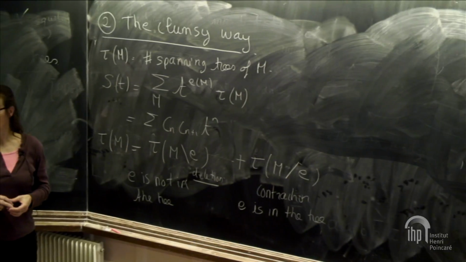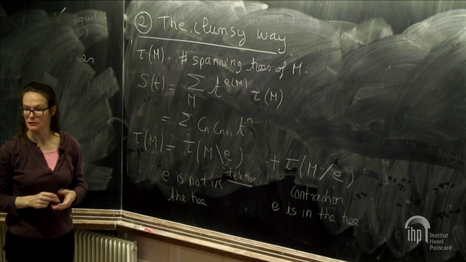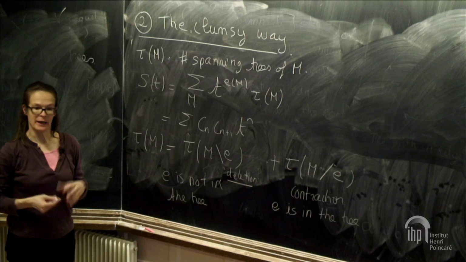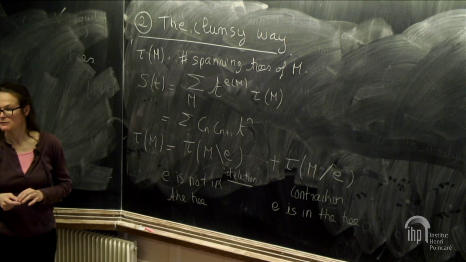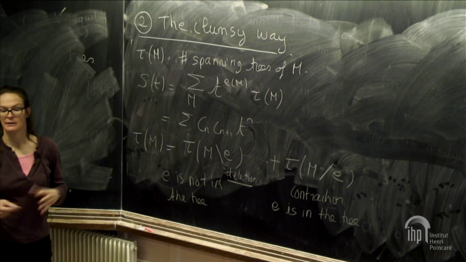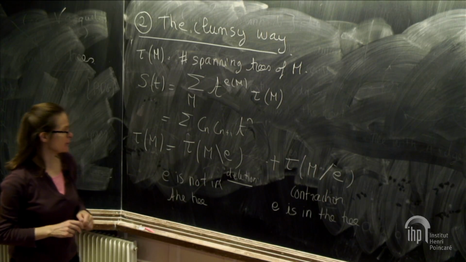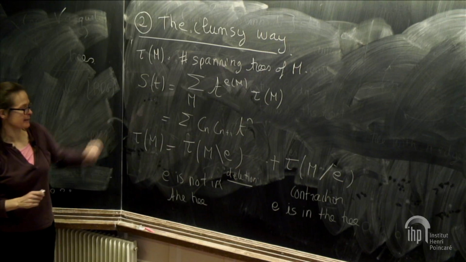Okay, so that's a simple recursive description of the number of spanning trees of the map. And we would like to combine this with our usual recursive description of maps to get a functional equation on the generating function S, typically.